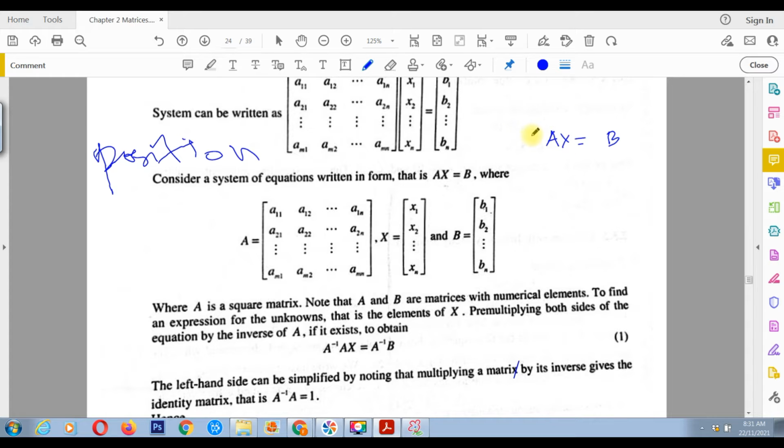So let's multiply with A inverse on both sides. A inverse times A gives us I, so Ix equals A inverse B. I times x gives x, and then A inverse B. So we will get the solution of this system of equations.